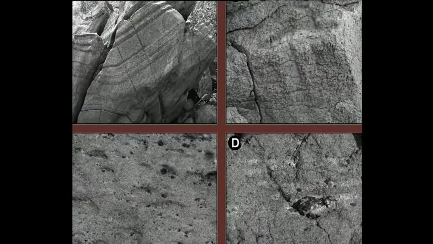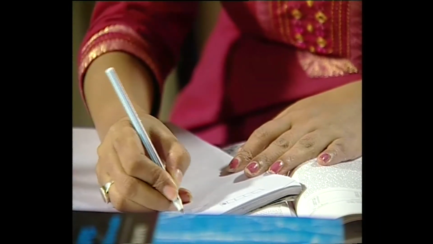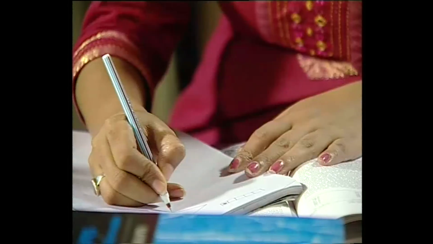Foliations are subdivided depending on the spacing between the planes. When the spacing between neighboring planes is more than 10 micron, they are called spaced foliation, and if the spacing is less than 10 micron or there is practically no domainal structure defining the foliation, we call them continuous.